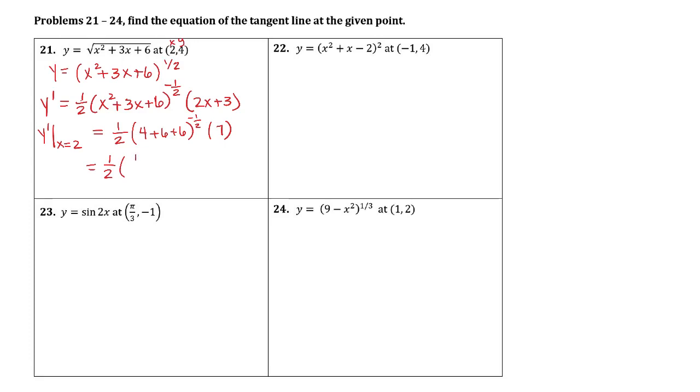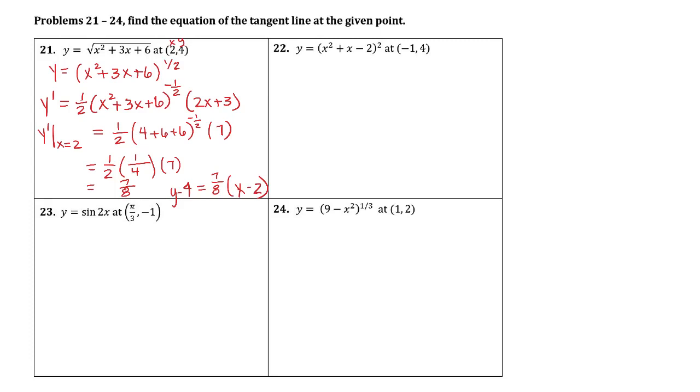Well, that's 1 over the square root of 16, so 1/4. And then times 7. So it looks like we have 7 over 8 is our slope. So we're now ready to write our equation. So we have y minus 4, that was given to us, equals our slope, which is what we find from our derivative, times x minus 2.